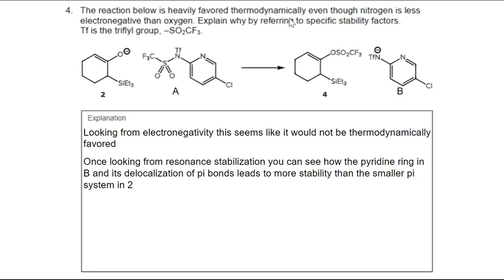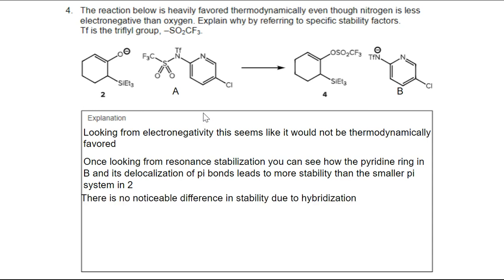But B, over on the right, has a full pyridine ring, which is very well stabilized by resonance, and it also has the negative charge on the nitrogen. So it's a much larger conjugated pi system that is stabilizing the molecule. As you can see, there's a lot greater ability for B to have resonance factors than 2.